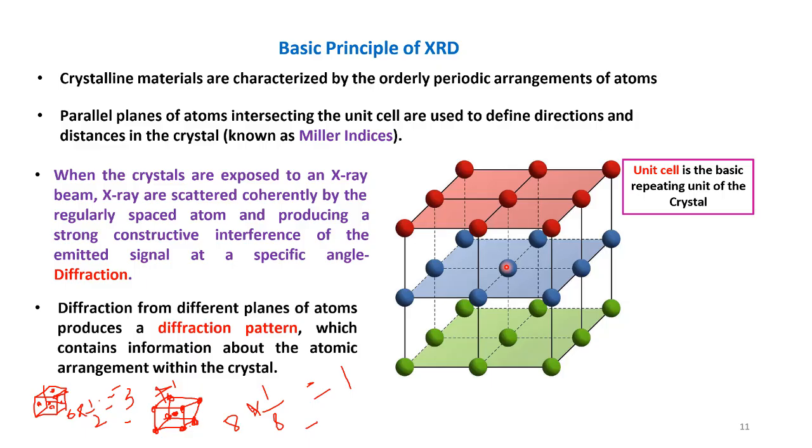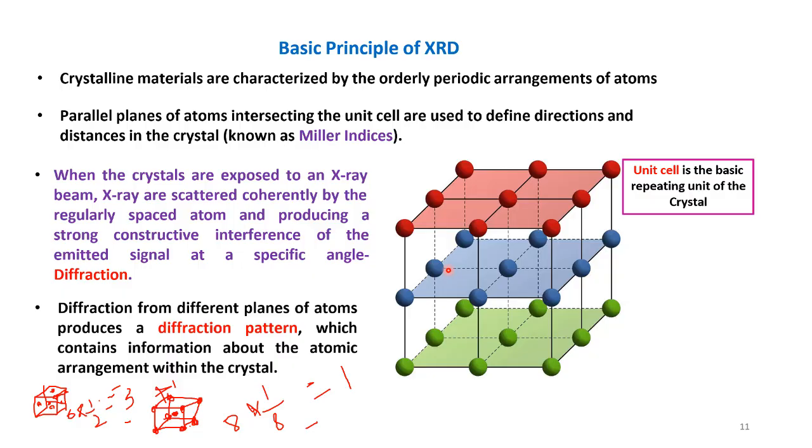So that we know from the basic crystal structure. This will produce a constructive interference, and then we'll get the distance between the two planes from the diffraction. And that we will get at a particular angle; not all angles will give us the peaks.